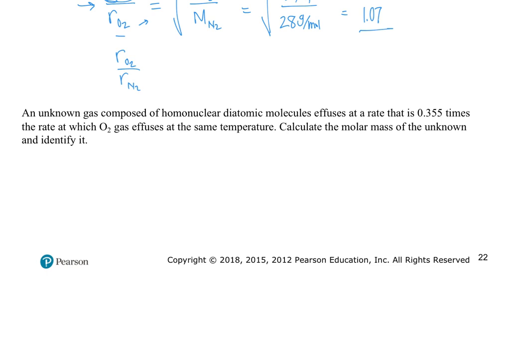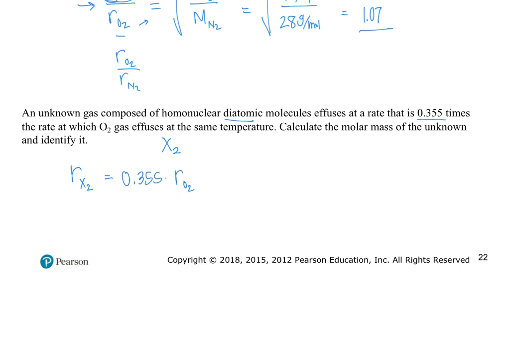Now this problem is a lot more fun. We have an unknown gas, we'll just call it X. It's a homonuclear diatomic, so we're actually going to call it X2 because it's a diatomic molecule, and it effuses at a rate that is 0.355 times the rate of oxygen, which literally means that the rate of this unknown compound is equal to 0.355 times the rate of oxygen.